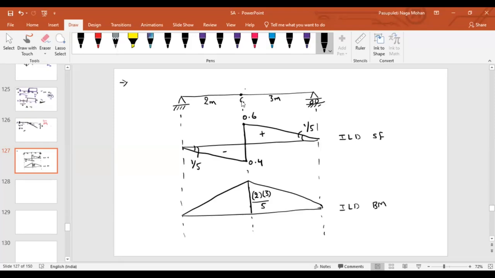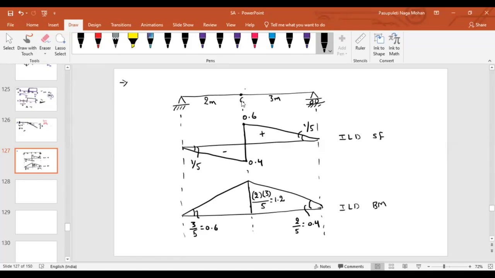If you solve this, you will get 6 by 5, 1.2. What about this slope? Opposite distance by total length. What is the opposite distance? 3. Total length is 5. That will be equal to 0.6. What about this slope? Opposite distance 2, so 2 by 5. That will be equal to 0.4. Right?